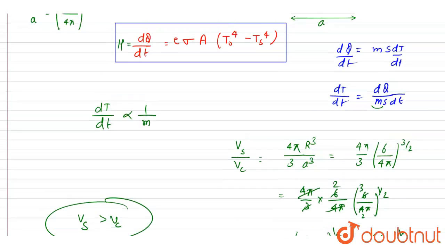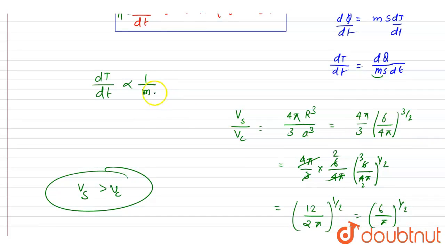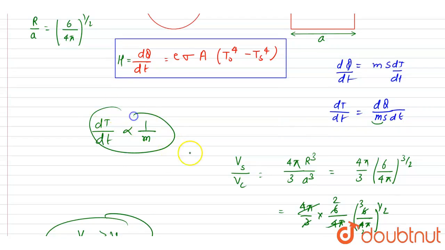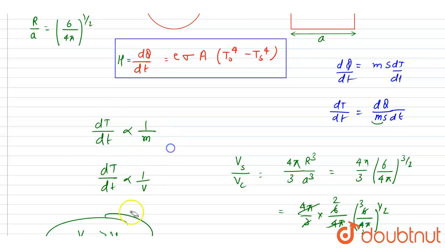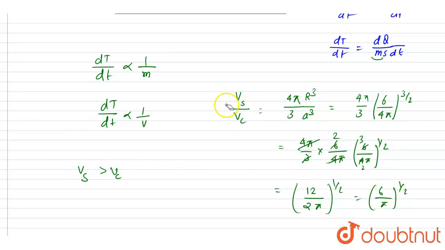The one which has more volume will have more water inside, right? So more water is held by the sphere, so the rate of fall of temperature will be inversely proportional to that. The rate of fall of temperature is inversely related with the volume inside, and as we have compared, the volume inside the sphere is more than the volume inside the cube.